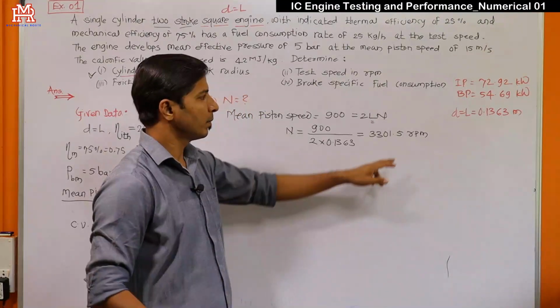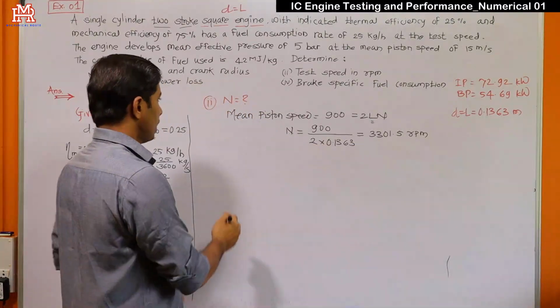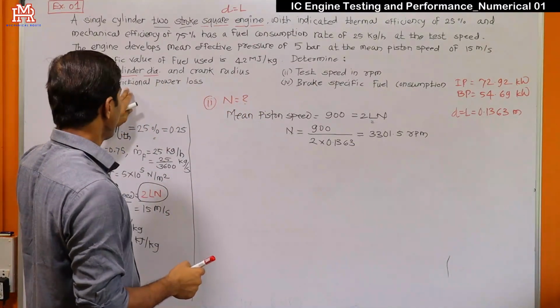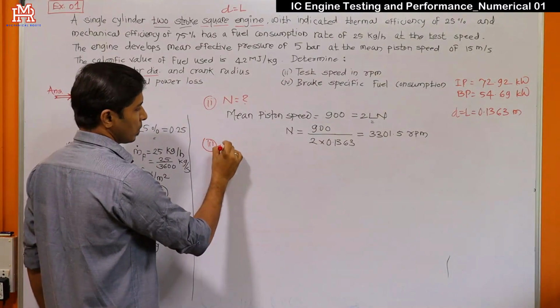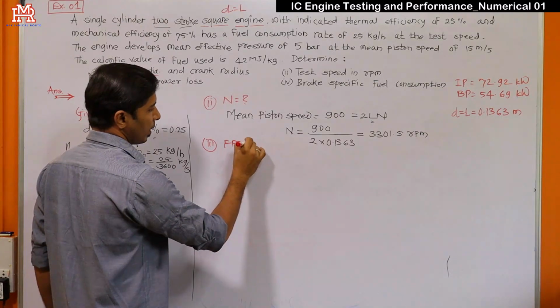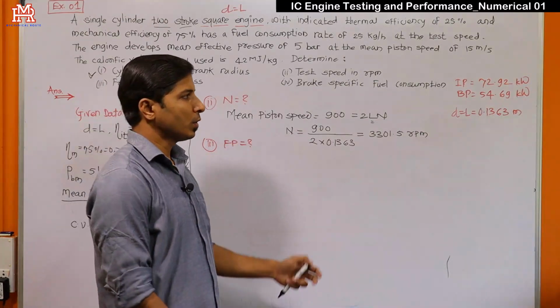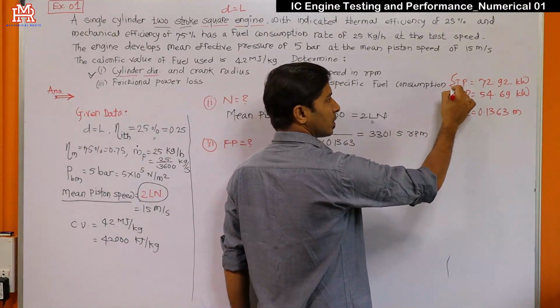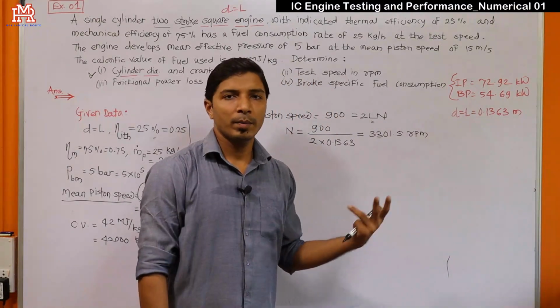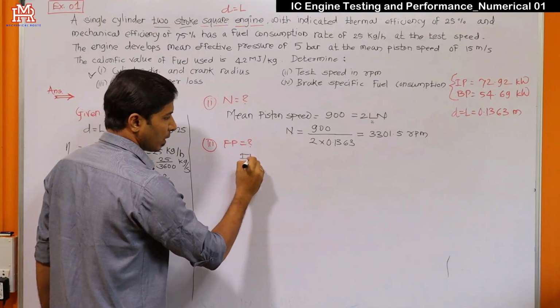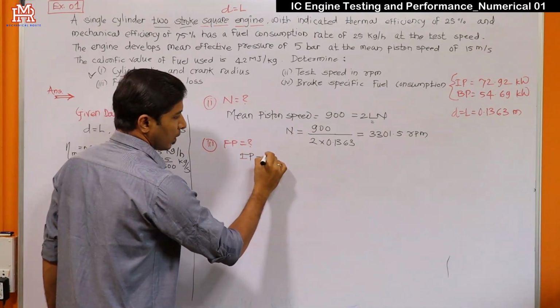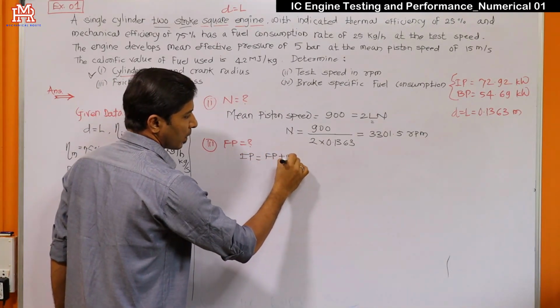Then the next parameter that we have to find out is frictional power. So we have to find out this Fp. Fp is equal to how much? We have these two terms, indicated power and brake power, and we have the formula: indicated power is equal to frictional power plus brake power.